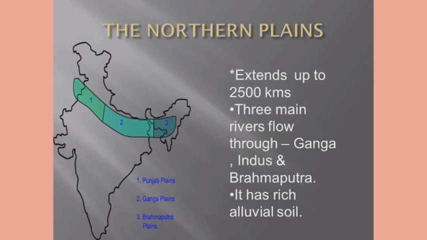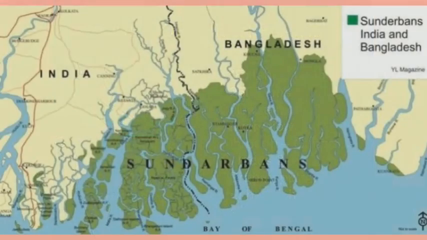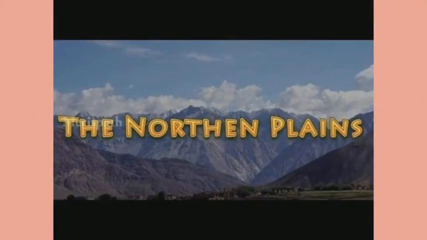The rivers that form a delta when they flow into the sea are the Ganga and the Brahmaputra. Both these rivers flow into the Bay of Bengal and they form the world's largest delta, that is the Sundarbans delta.